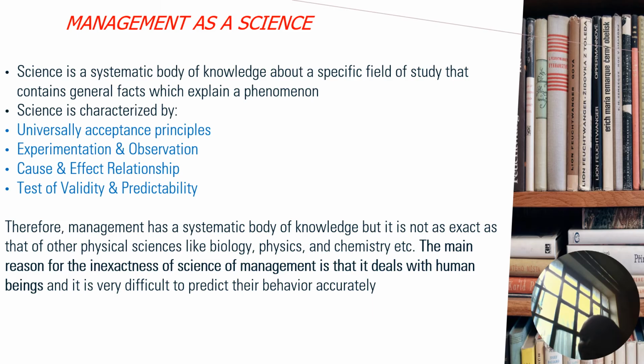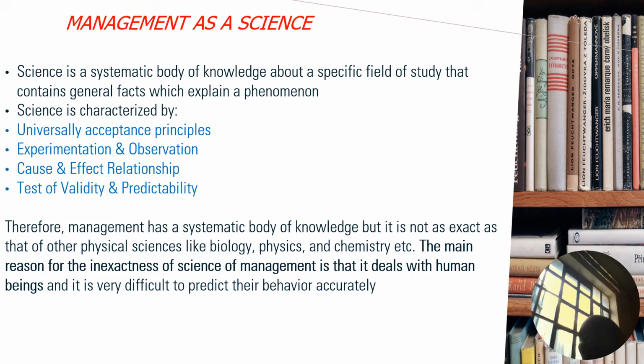So, science is characterized by a number of characteristics which are, number one, universally accepted principles. The scientific principles represent the basic truth about a particular field of inquiry. Maybe I can say that these principles may be applied in all situations, at all times, and at all places.